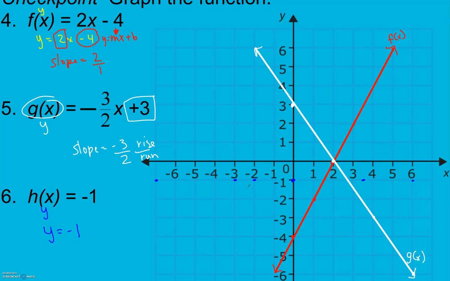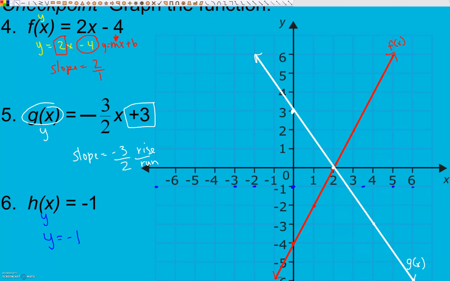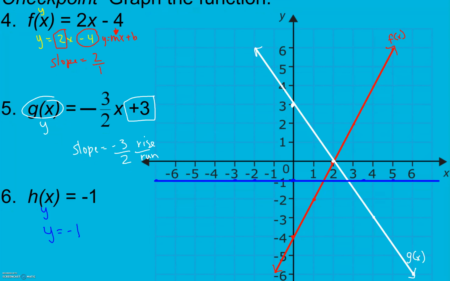Negative 2, negative 1. 5, negative 1. All of those points. So I can connect those with a line here. Arrows to show it continues. And we will label that as h of x.